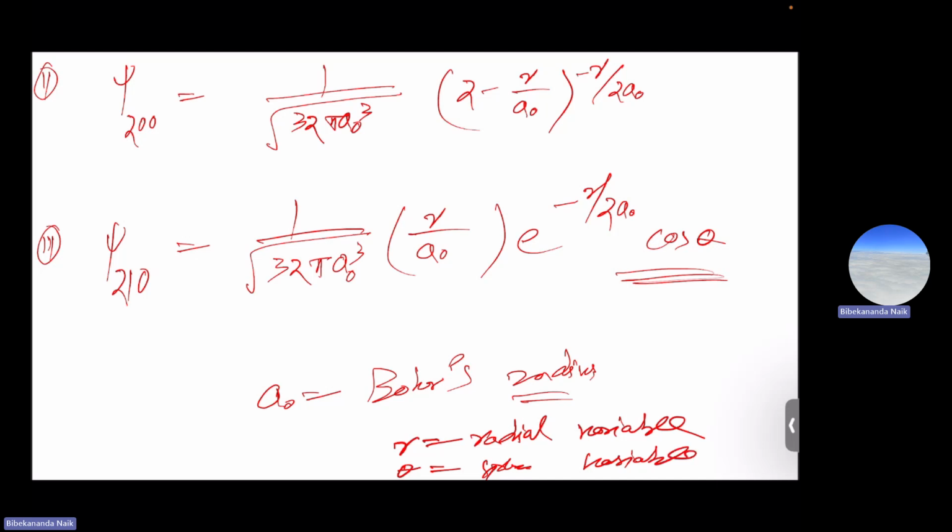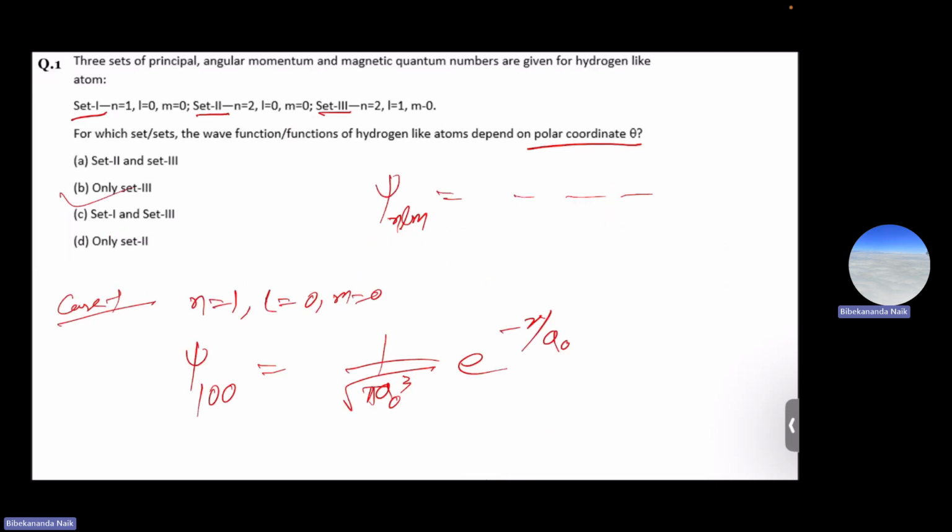So in the case where n equal to 2, l equal to 1, and m equal to 0, only that wave function will have theta dependence. So the correct option will be only set 3, that is option B. In case of set 3 only, when l is non-zero, we will have the dependency of the wave function on theta.